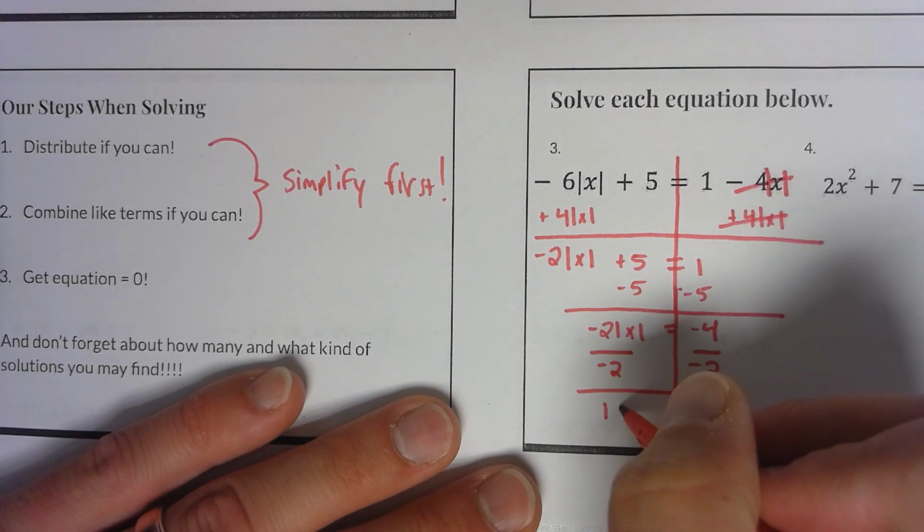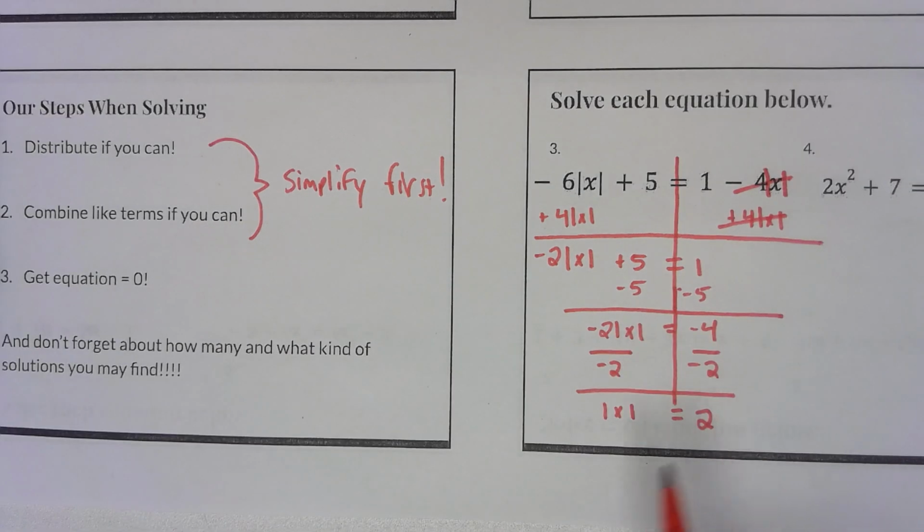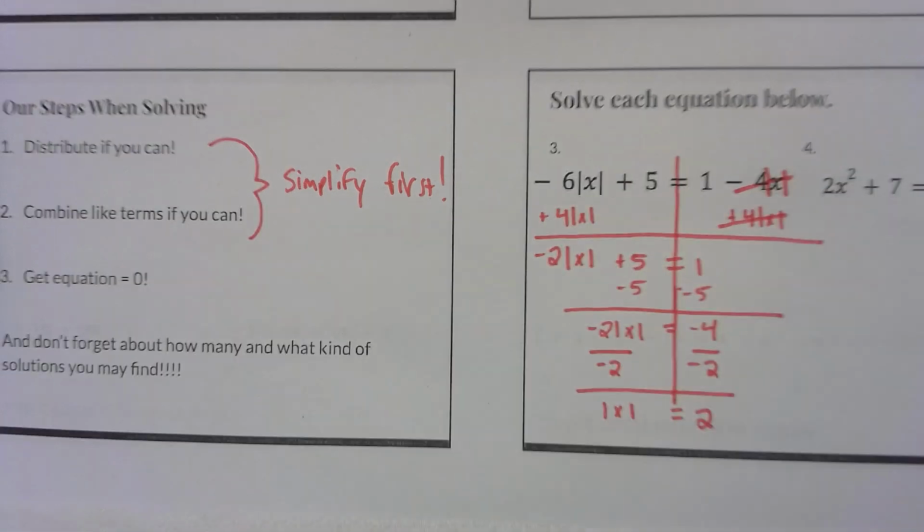And I get that the absolute value of x is equal to 2. And then I've seen this a lot when you all are working, a lot of you will stop right here and say, oh, the absolute value of x equals plus or minus 2. Well, we're always solving for just regular x, not the absolute value of x.